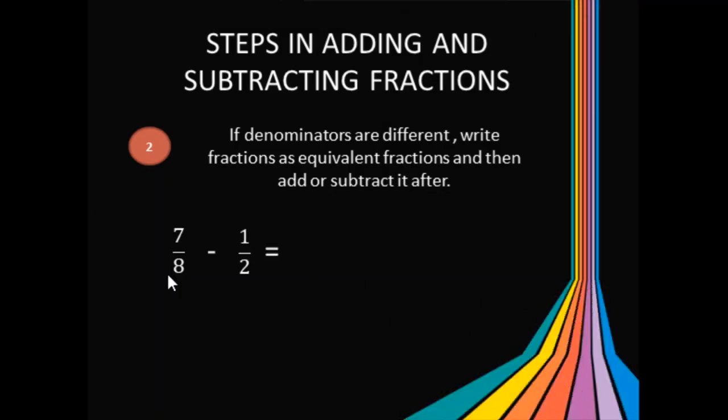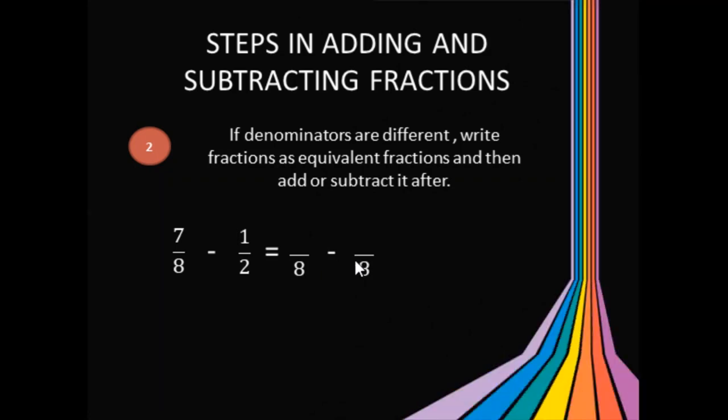Not the same. Very good. So what are we going to do? Find their common denominator. What number is divisible to 8 and to 2? We have 8. So we have 8 minus 8, and then follow the rule, divide and multiply.